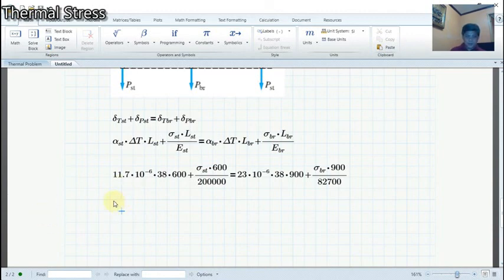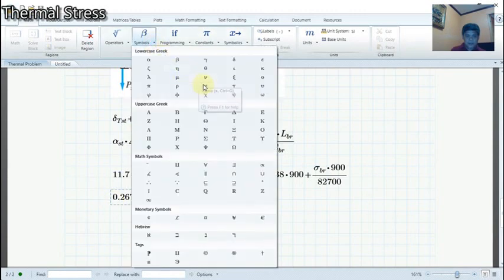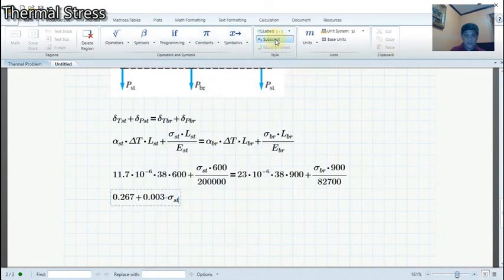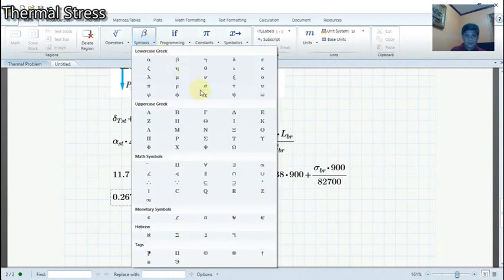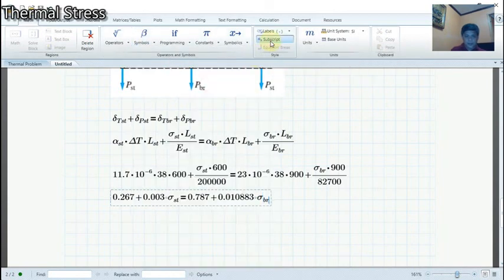So this becomes equivalent to 0.267 plus 0.003 times the stress in the steel, equal to 0.787 plus 0.010883 times the stress in the bronze rod.